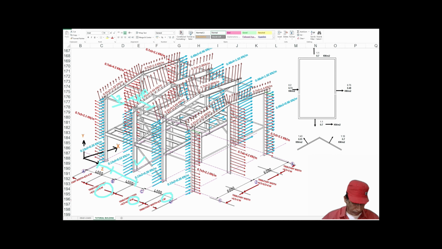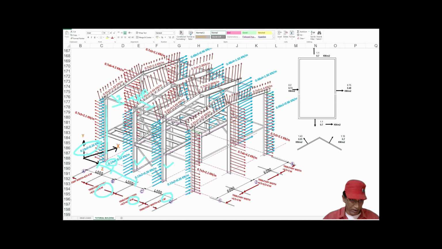From the wind load calculation, on wall A the wind load magnitude is 0.13 kilonewton per meter square. So what is the load to be applied on this frame? This is 0.13 into 2 meter, the tributary width, which is 0.26 kilonewton per meter. Similarly for this and this frame, 0.13 into the tributary width 4 is equal to 0.52 kilonewton per meter.